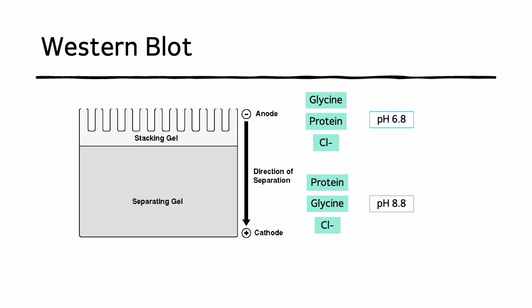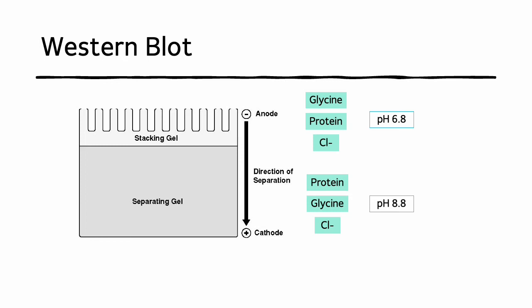So we talked about the molecular sieve. And if you look into the gel, you can see that this gel consists of two parts, which are the stacking gel and the separating gel. And I'd like to apologize for the typo here. It's actually anode, but you have to remember that this part has the positive charge.